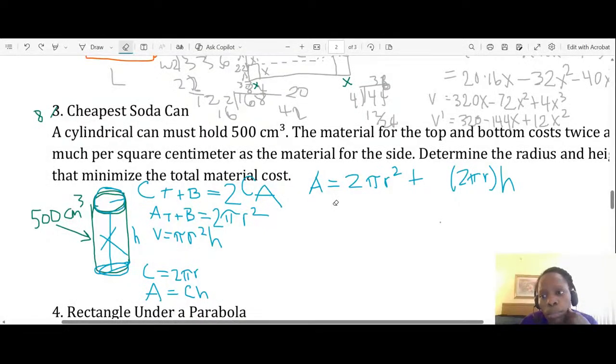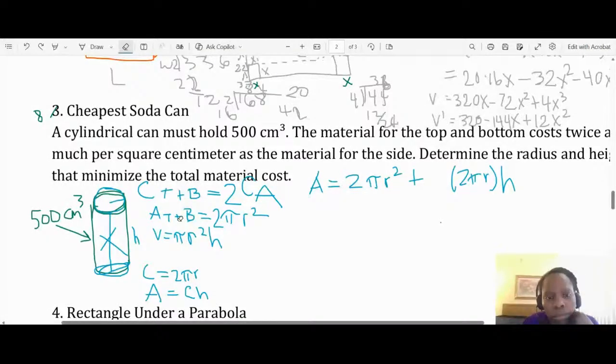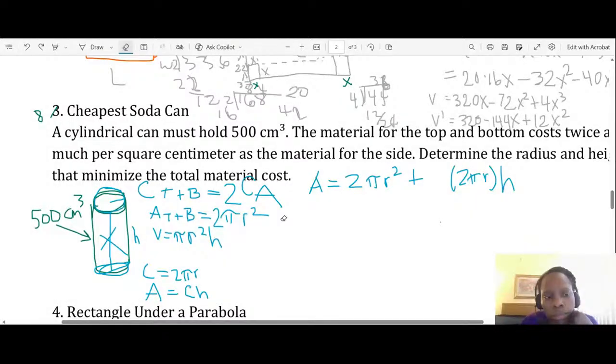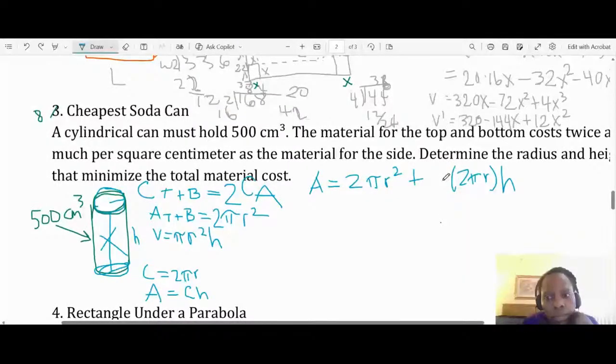So the cost function. So let's do that. We want the radius and the height.